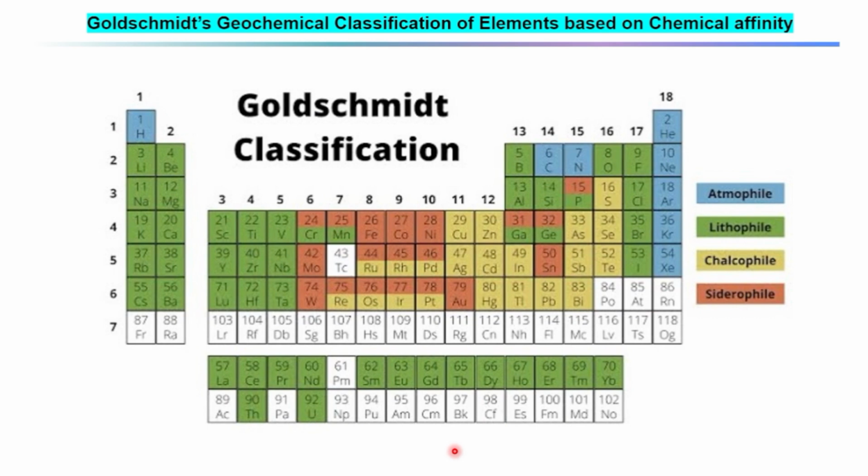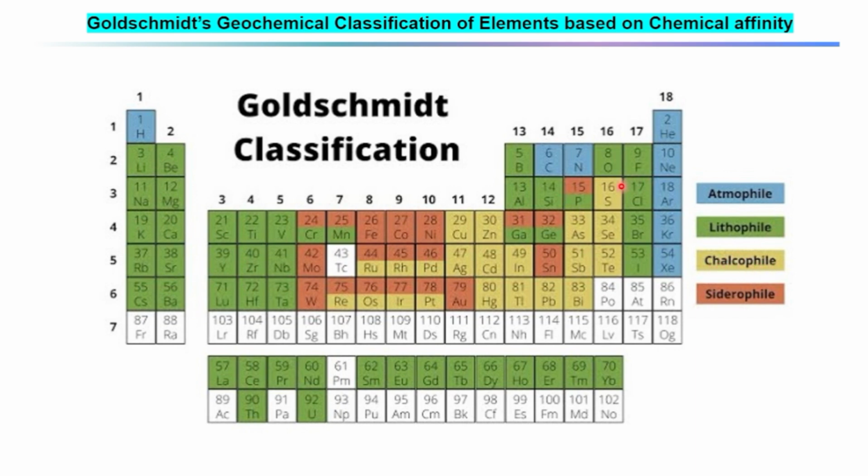Now this is the periodic table which shows Goldschmidt's classification based on chemical affinity, and you can see these blue ones are the atmophiles. You can see these inert gases, carbon, nitrogen. These green ones are the lithophiles. You can see these alkali metals, alkaline earth metals, some transition metals. These ones are the chalcophiles.